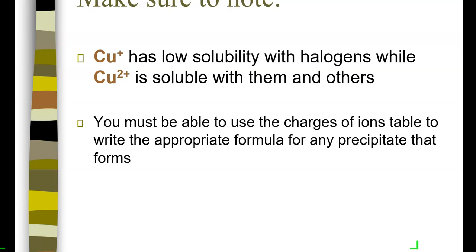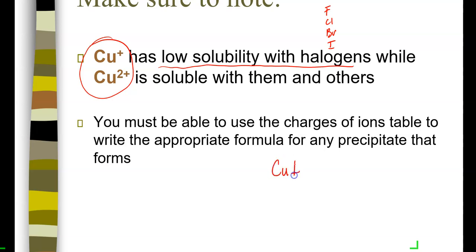And so that there's no reaction forming a precipitate, and the ions simply exist in solution as one big happy family. We talked about this last week, the difference between copper plus and copper 2 plus. And so copper plus 1 has a low solubility with the halogens being fluorine, chlorine, bromine, iodine, right? And so when you look these up, you have to be really careful of the formula.